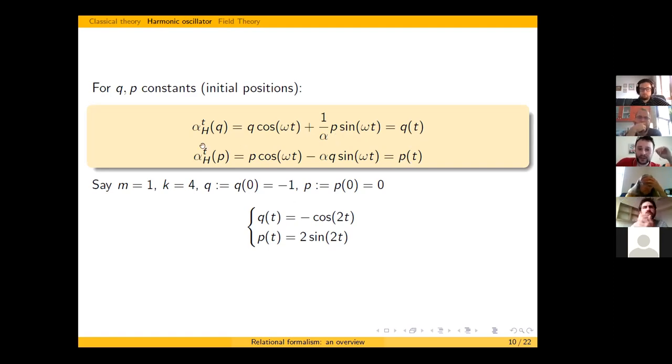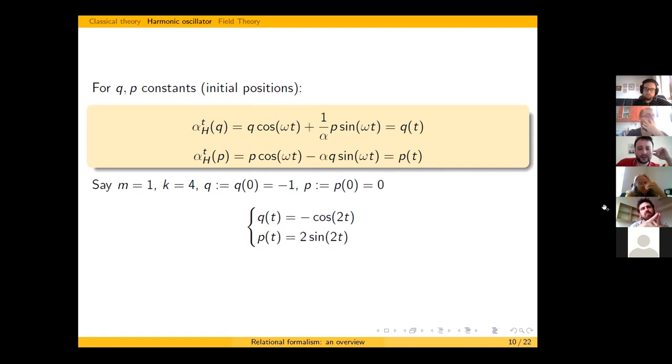And the flow of P is just P of T. So basically this one is just the time derivative of Q multiplied by M. So from this, we see that these two flows, which we started from the Hamiltonian formulation, coincide with the Lagrangian formulation. So far it's good.